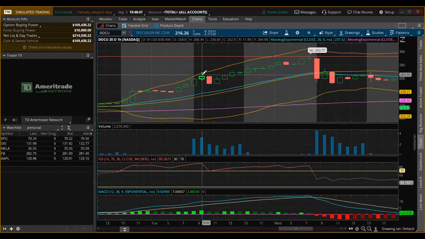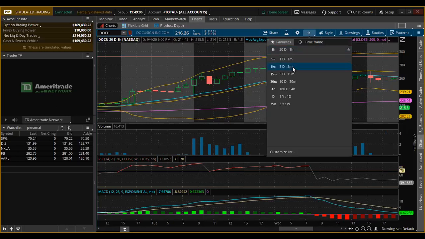At the absolute latest, 263. But that's chasing right here. You're chasing here because your very next candle is red, and that's going to scare you. Like, oh crap, it's going to go down. But then you see it pushing back up.